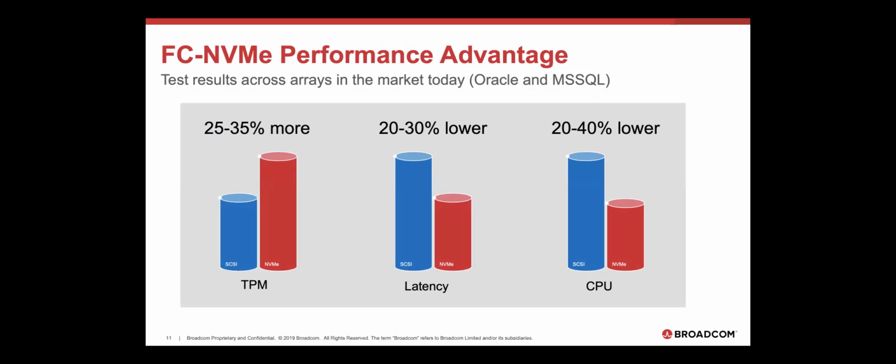Many of these tests have been done together with our good brothers at Broadcom Emulex, that have worked with NetApp, IBM, and other storage vendors, and basically done these performance tests primarily with transactional databases, and proven that you can expect around 30% more transactions per minute, around 30% lower latency, and somewhere in the range of 30% lower CPU consumption when you move from SCSI to NVMe on exactly the same hardware, simply using the NVMe protocol instead of SCSI.